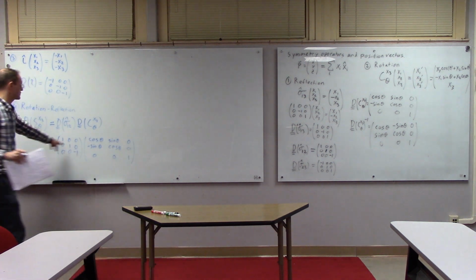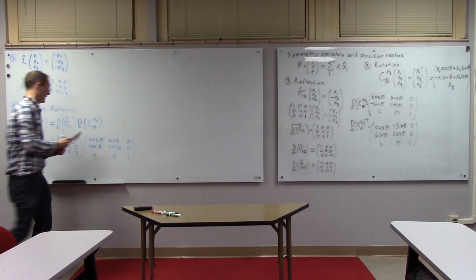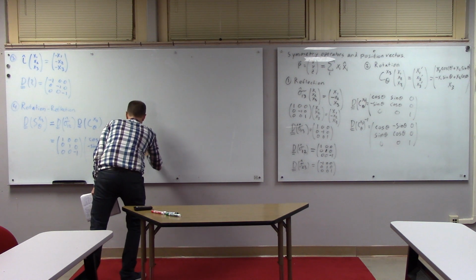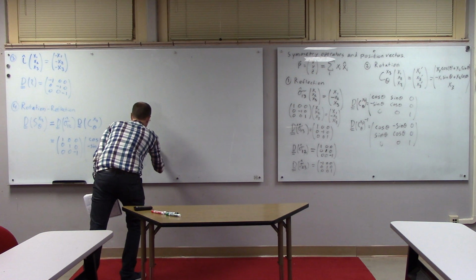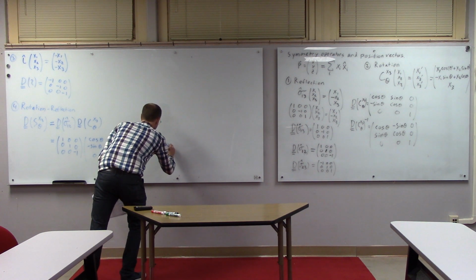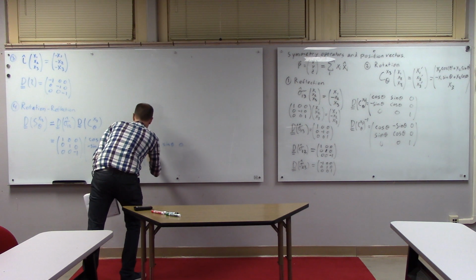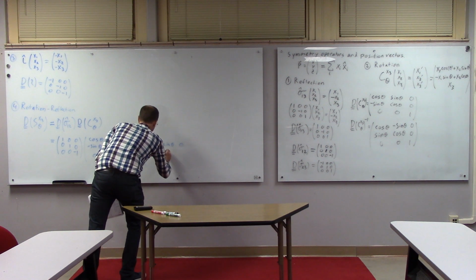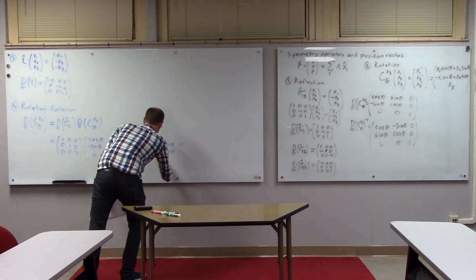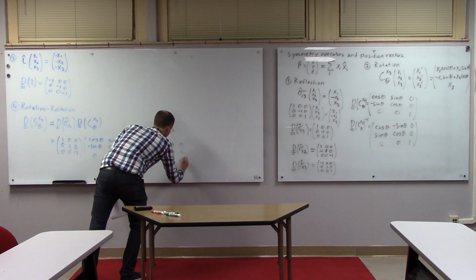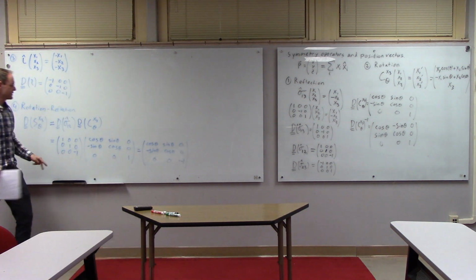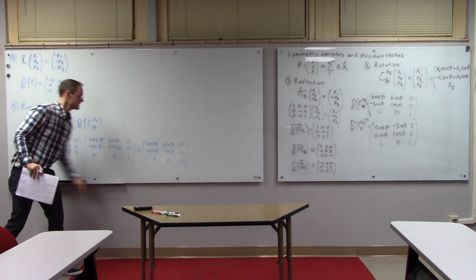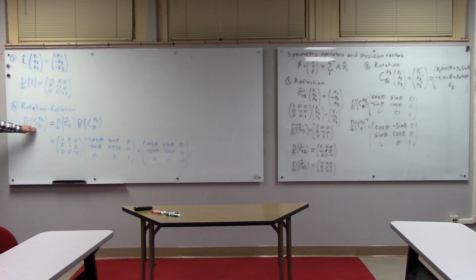And if you multiply these two matrices together, you're going to get cosine theta, sine theta, 0, minus sine theta, cosine theta, 0, 0, 0, minus 1. Okay, so this would be the matrix representation for the improper rotation by an angle theta about the x3 axis.